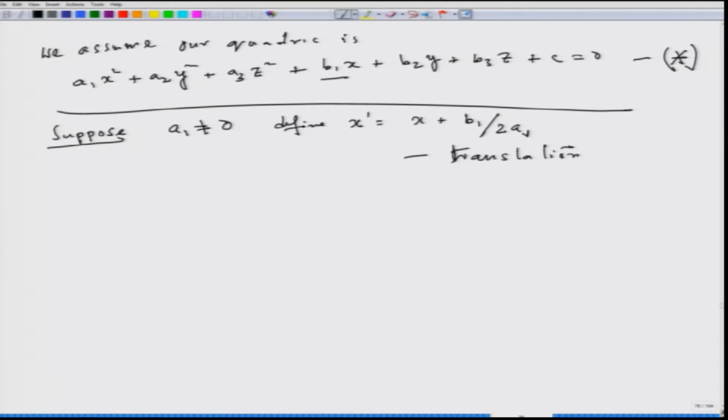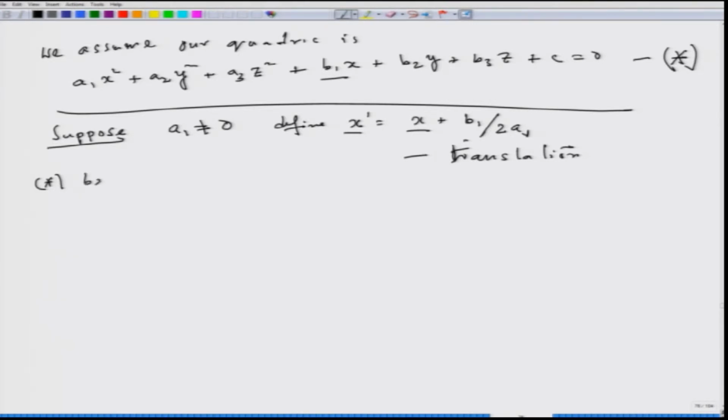Then I can write this equation, star becomes, you put x equal to x prime minus this. So, what will happen?